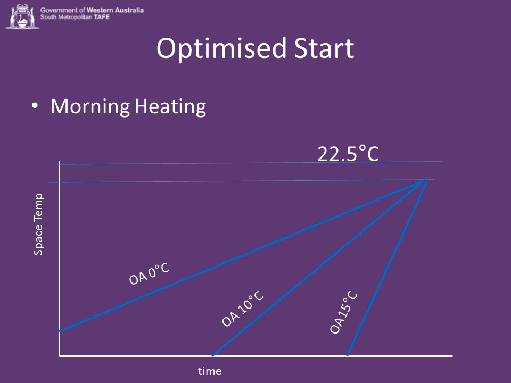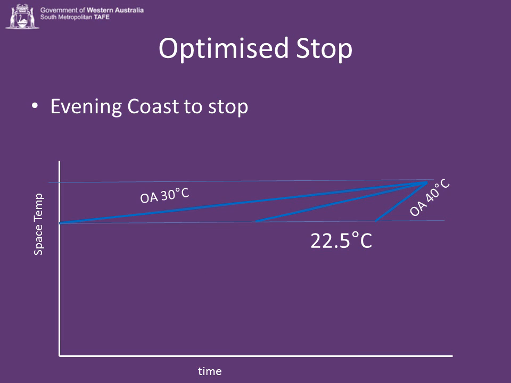Optimized Start is built into every building management system, BMS, I have ever worked on. You just need to switch it on to save 10% of your air conditioning bill. And then you've got Optimized Stop.